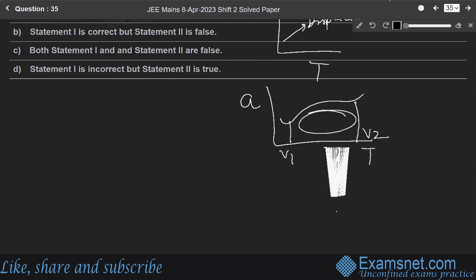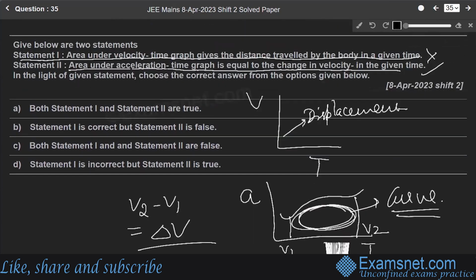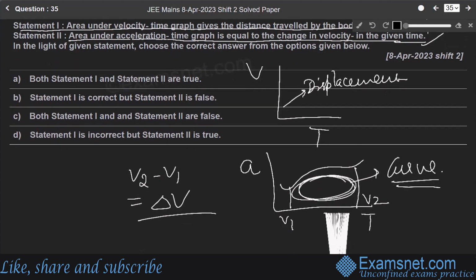So the area under this curve will be equal to v2 minus v1, meaning the change in the velocity. So this statement is very true. So our correct answer is statement 1 is incorrect, but statement 2 is correct.